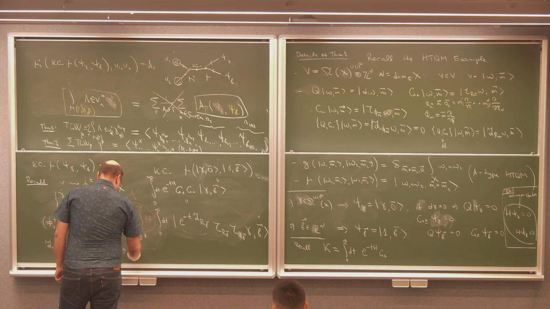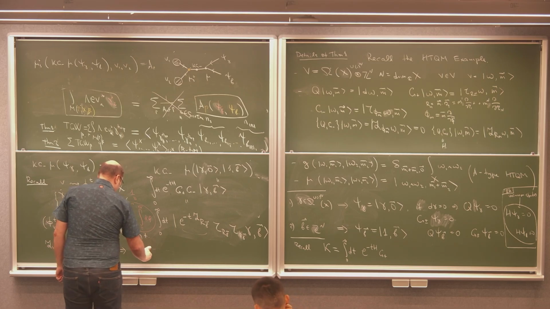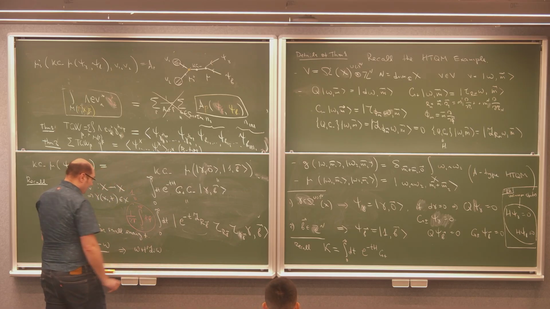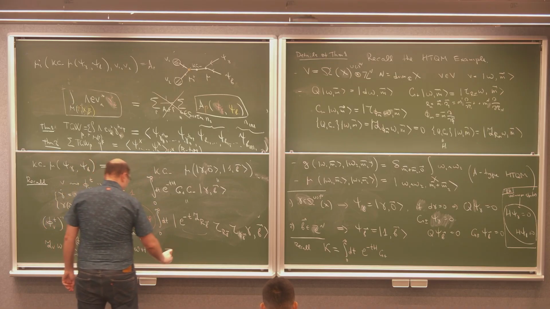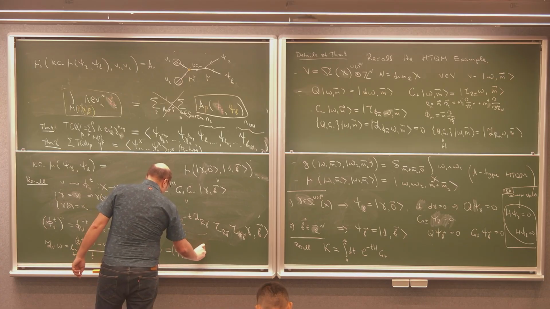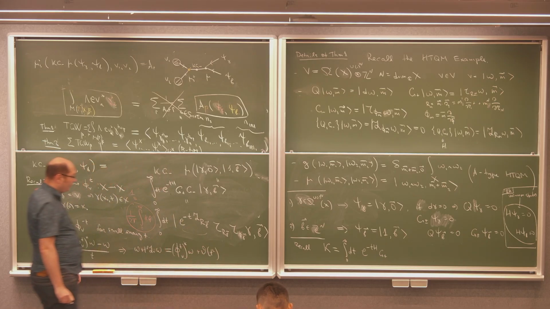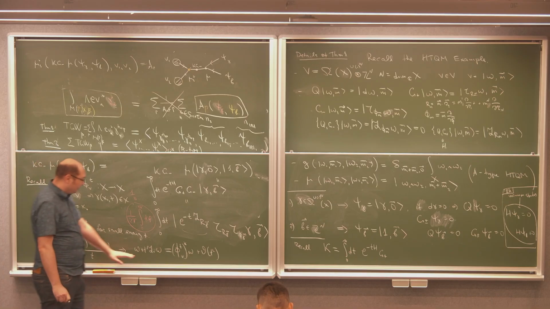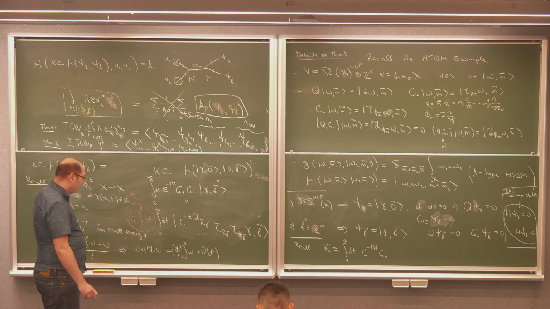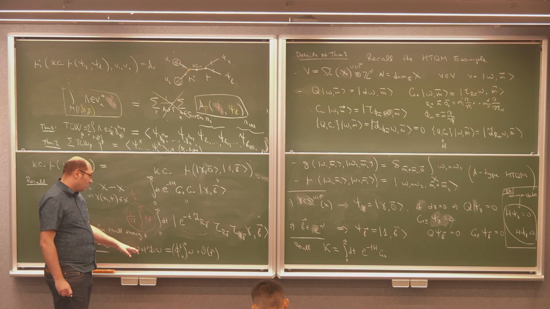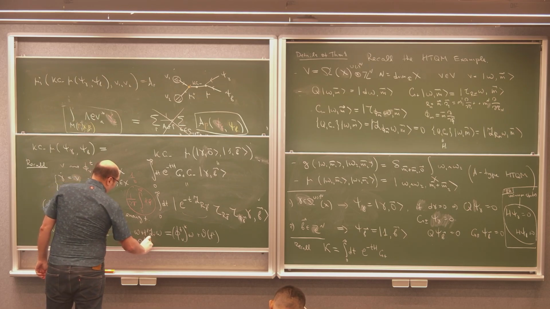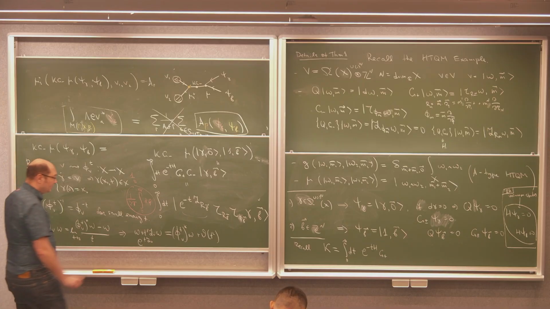Omega plus some small t L_V omega equals phi_t star omega. Here we got this expression for infinitesimal small t. But now we can treat omega plus t L_V omega as an expansion of an operator e to the t L_V acting on omega.